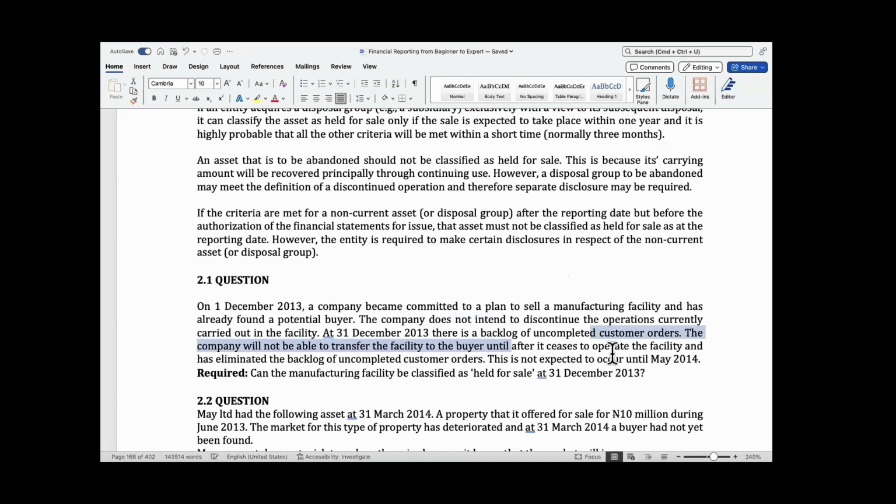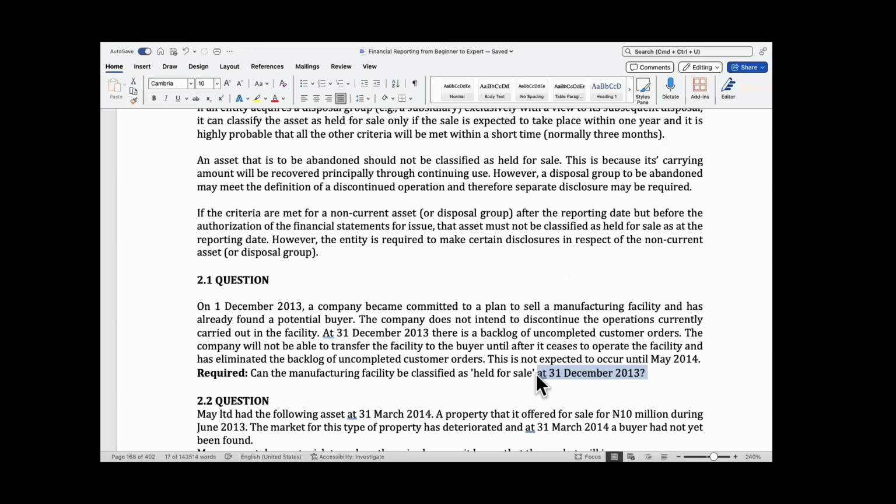And it will take them until May next year before they can complete those orders. But there's a buyer and they are committed to sell. And this is still December 2013. So can we classify this manufacturing facility as a non-current asset held for sale?